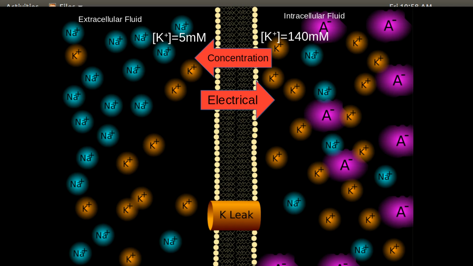This is what is known as the equilibrium potential of one particular ion. And the equilibrium potential of potassium by itself, in most cells that have this concentration gradient, is negative 90 millivolts. So we would continue to go back and forth until we reach an electrical gradient of negative 90 millivolts.